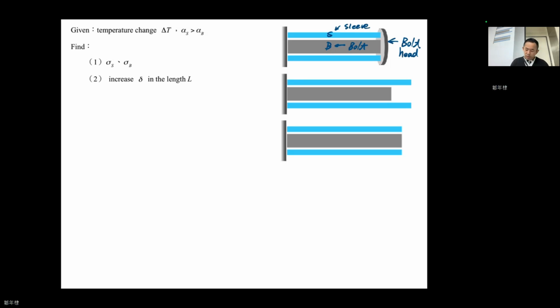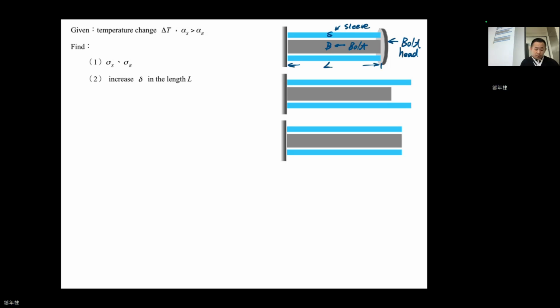Now, we need to find delta S, sigma S, sigma B, and the increase in the length L. So of course this is L.